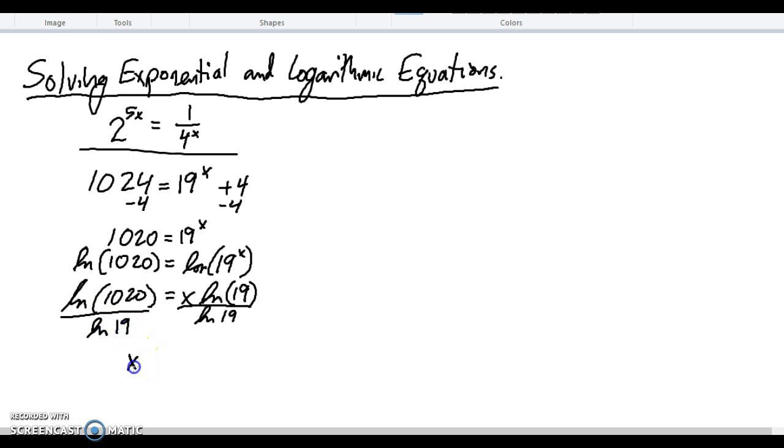And so we get x is equal to the natural log of 1020 over the natural log of 19. And if you are asked for an exact answer, that is your answer. Of course, that's not very useful. Very few of us can get a good approximation on that.